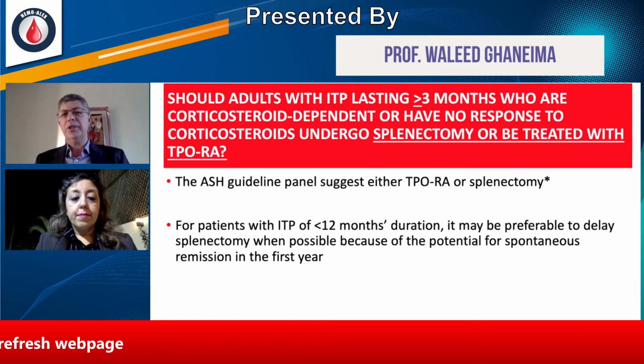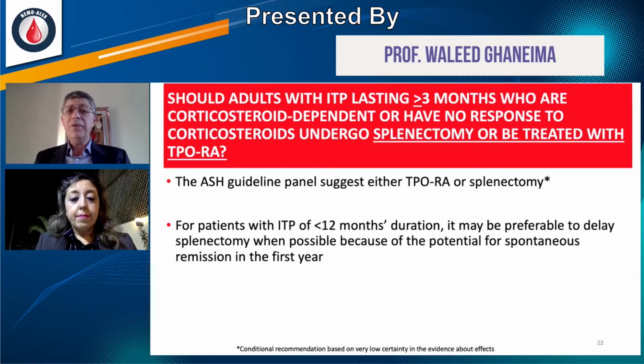However, this is a very important remark. For patients with ITP of less than 12 months duration, it may be preferable to delay splenectomy when possible because of the potential for spontaneous remission in the first year.